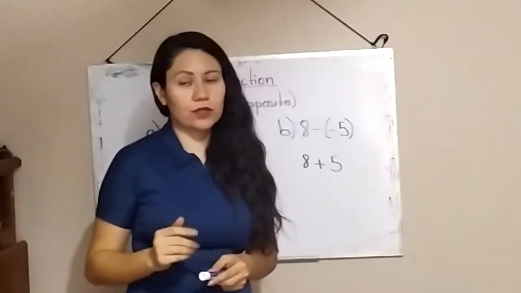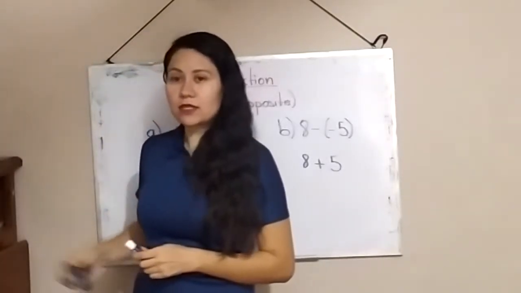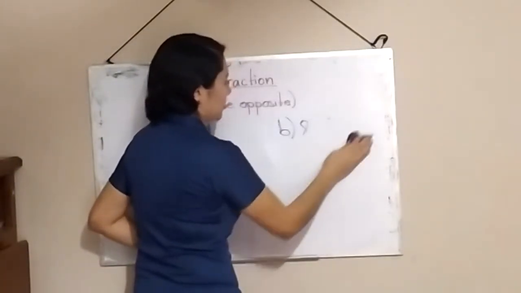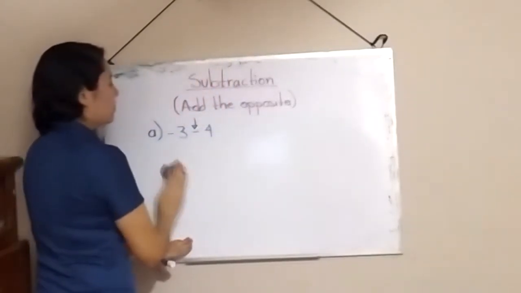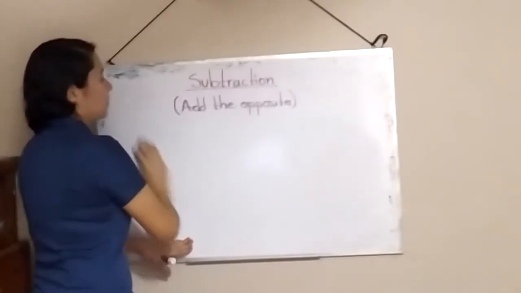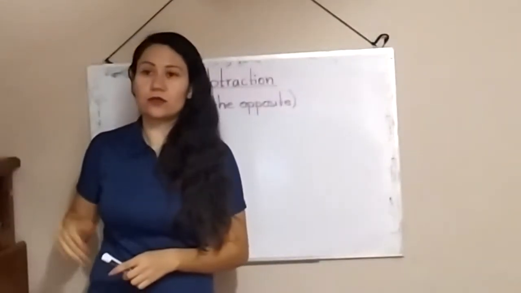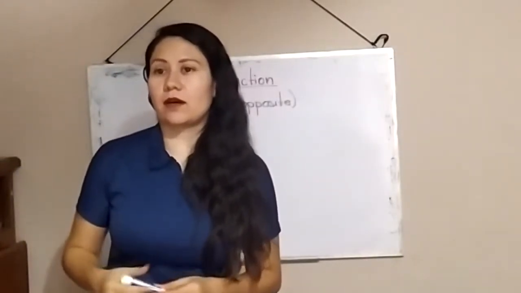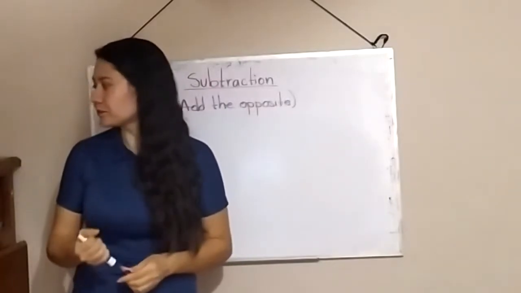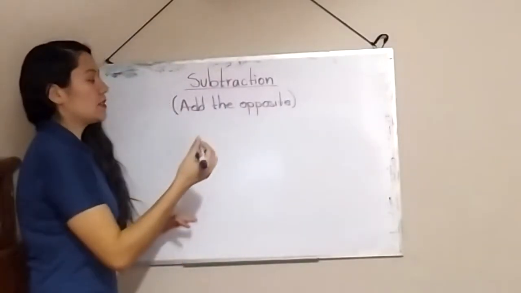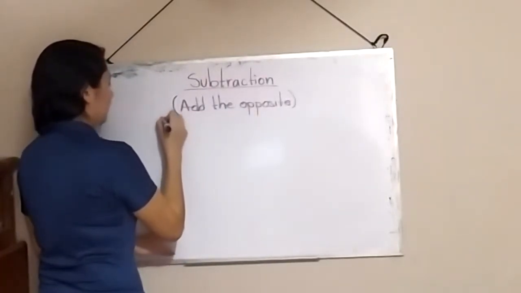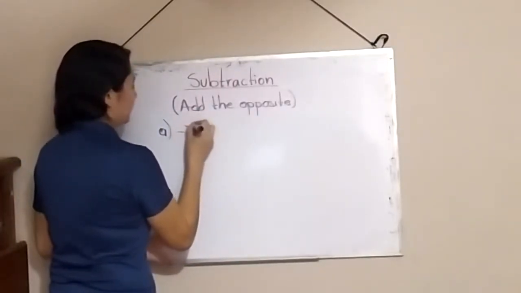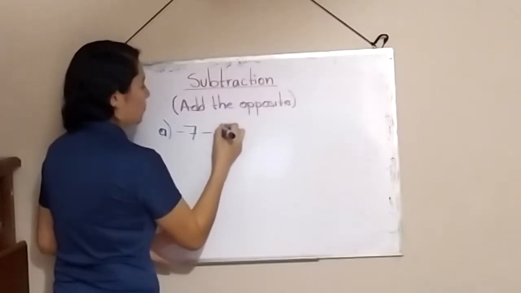Now we are going to solve some other exercises that we are actually going to add. We are not only going to transform the operation, but we will also perform it. Okay? First example. We have negative 7 minus 4.